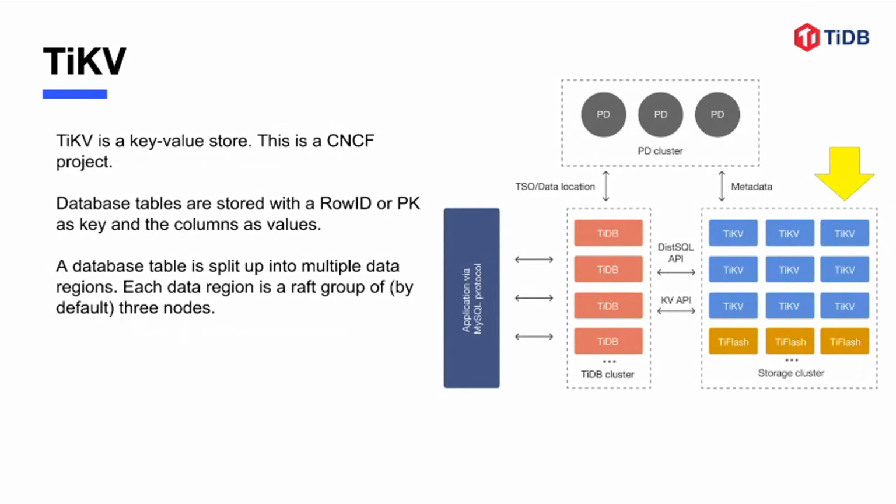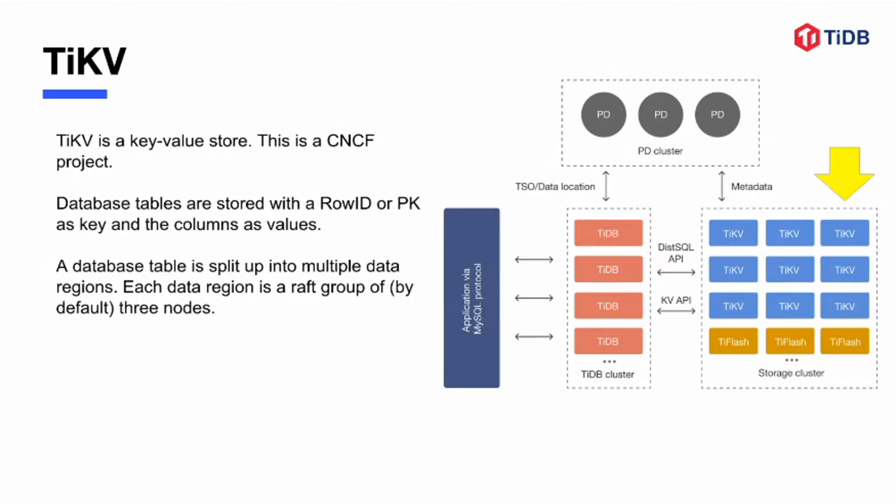So TiKV is a key value store. This is a Cloud Native Compute Foundation project. We donated this to the Cloud Native Compute Foundation, but we're still maintaining it. So database tables are stored with a row ID or a primary key, and then the columns are stored as value.